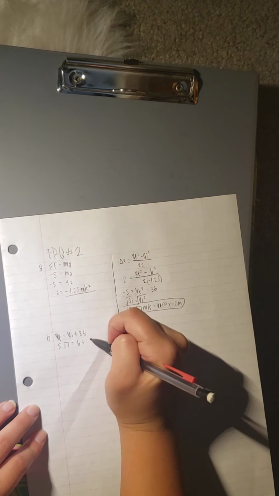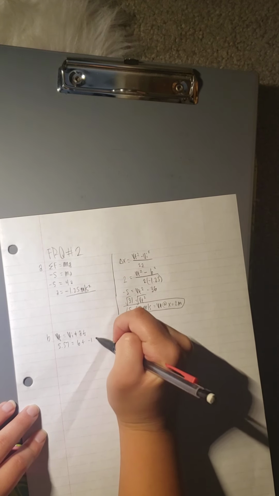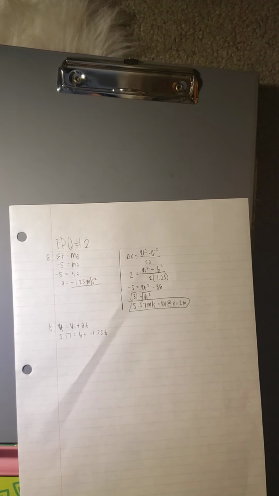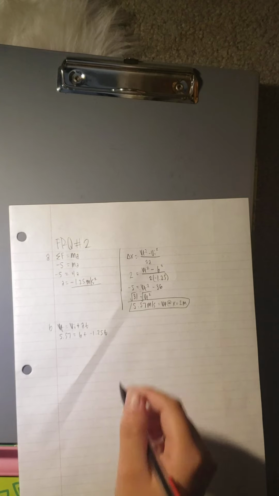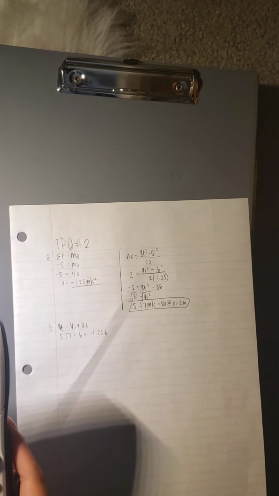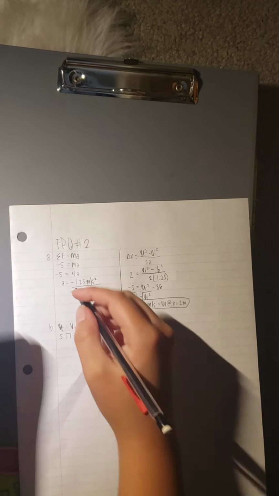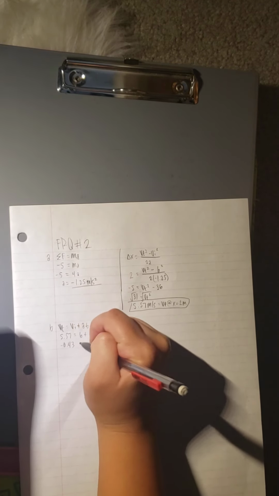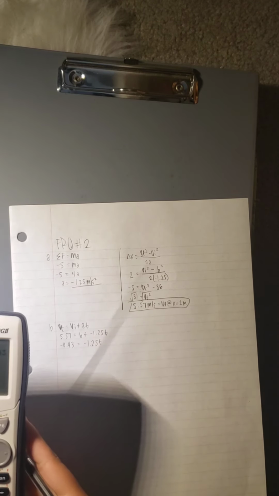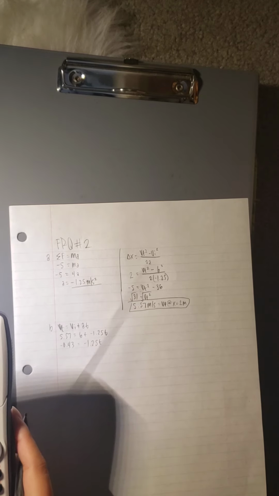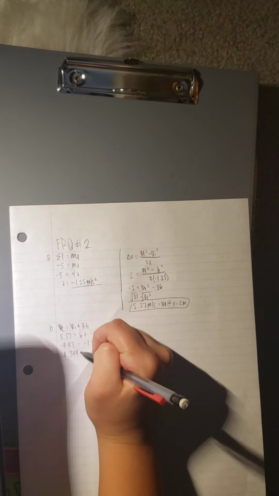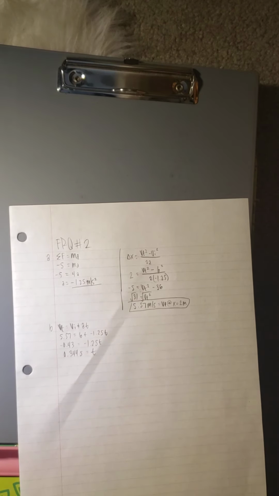We found that a to be -1.25, and t. Let's isolate for time by bringing over the 6. And that is our time.